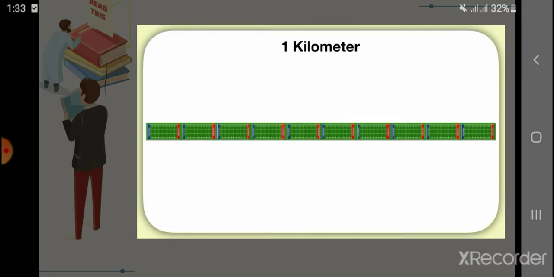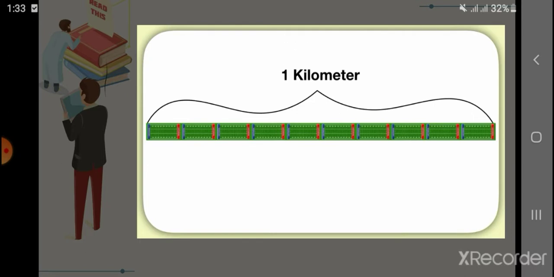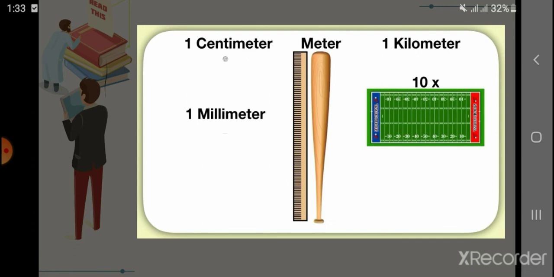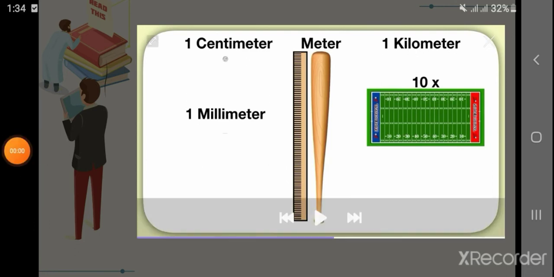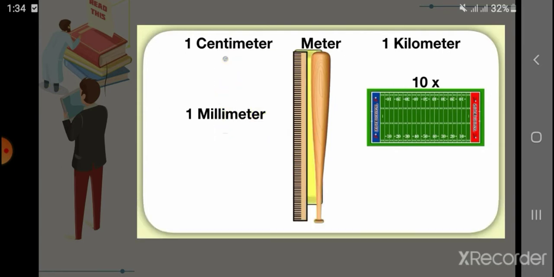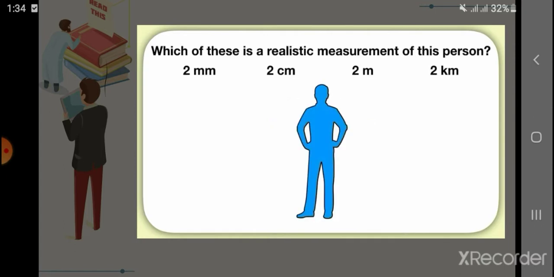Then think about taking 10 such scales. All of these put together would be 1 kilometer. And here are the 4 types of measurements you need to know: millimeters, centimeters, meters and kilometers.